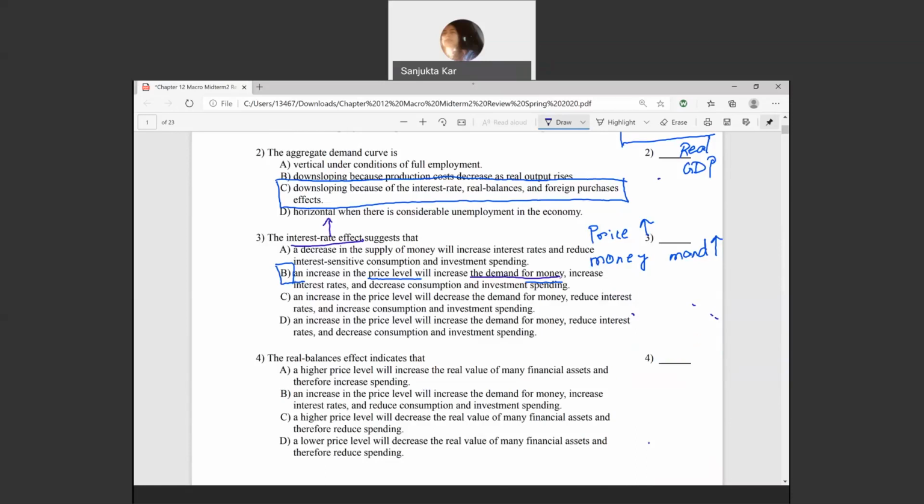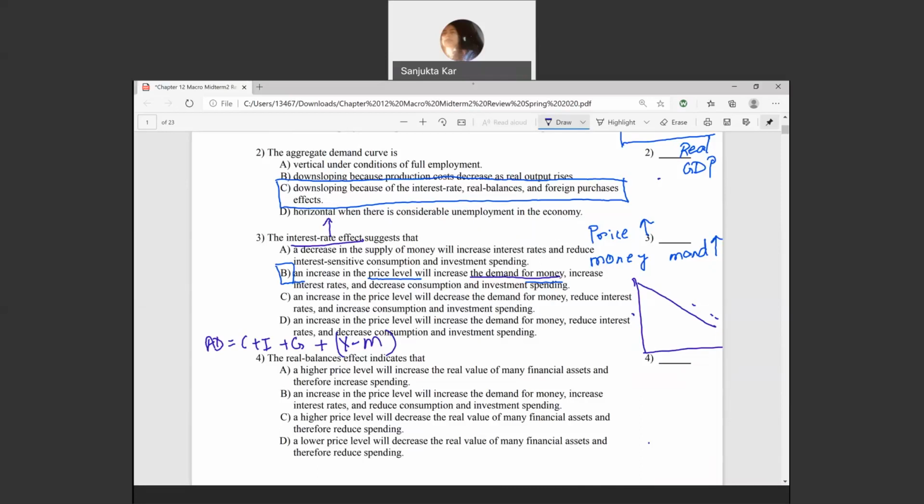Now, aggregate demand curve is a downward sloping line here, and the components of aggregate demand are consumption, investment, government expenses, and net exports. Because of this interest rate effect, my investment will go down, my consumption will go down, and basically the real gross domestic product will also go down.